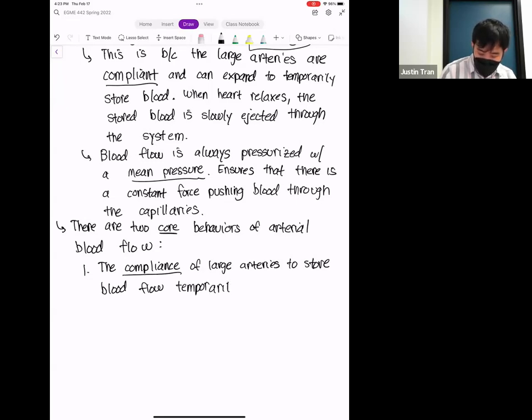And so that's one of the core behaviors of the cardiovascular system. The effect that this ultimately has on the pressure waveform is that it determines the peak-to-peak amplitude, okay?